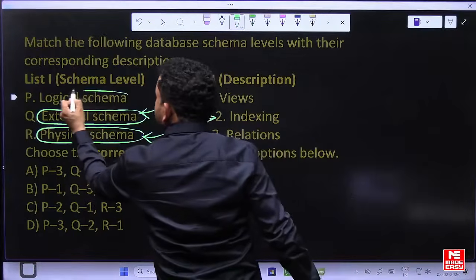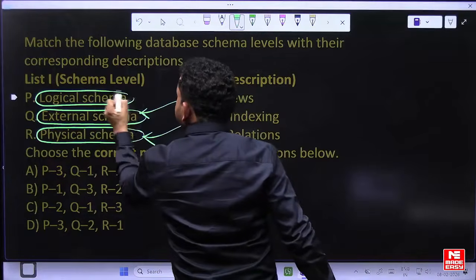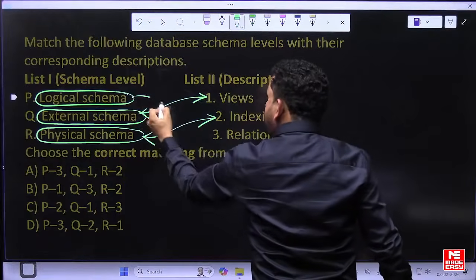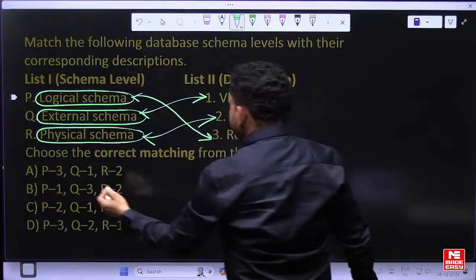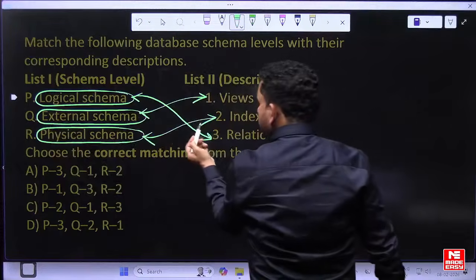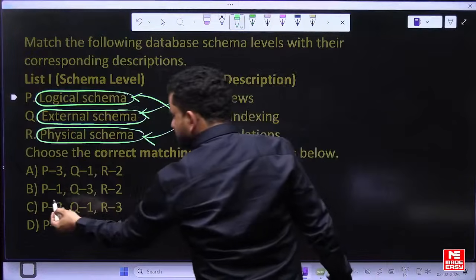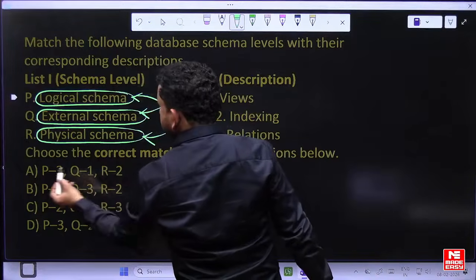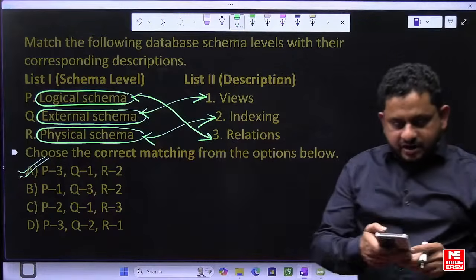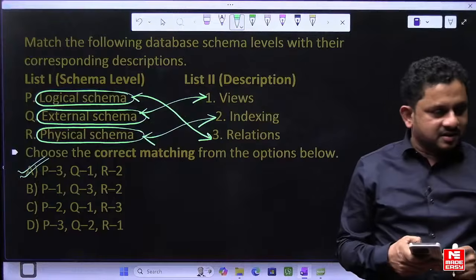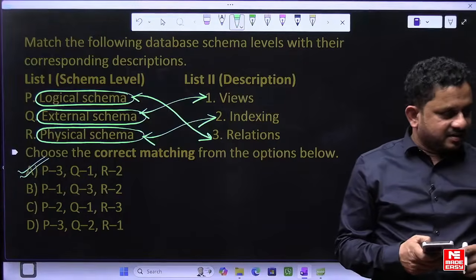Logical or conceptual schema is about the relations. So the matchings are P3, Q1 and R2. It is a very fundamental question on levels of abstraction, which we discussed.